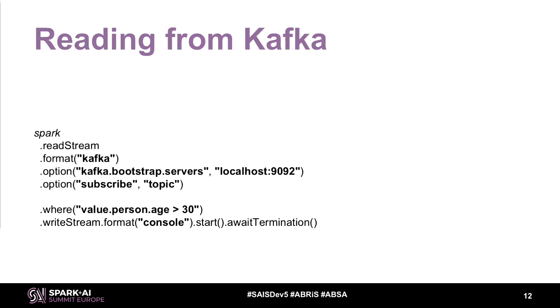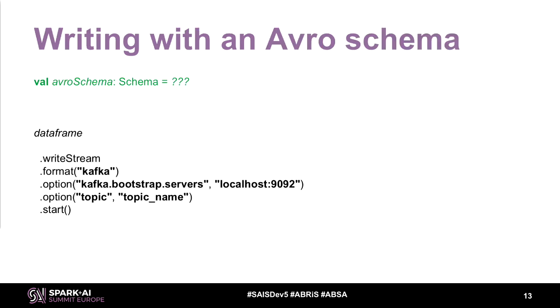And then we go start. Reading, same boilerplate. These are the examples that we'll be showing you throughout the presentation. So we're reading from Kafka at a specific location with the specific topic, executing a simple query, and writing it to console for debugging purposes.